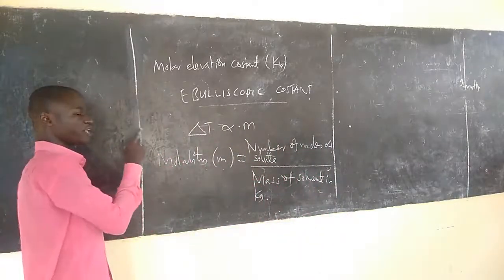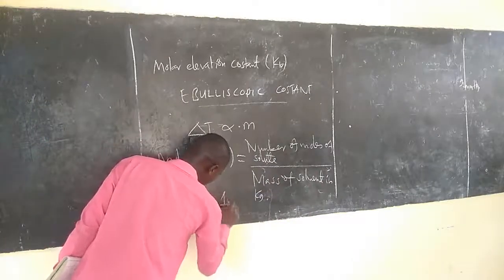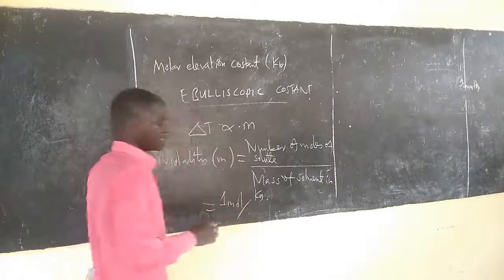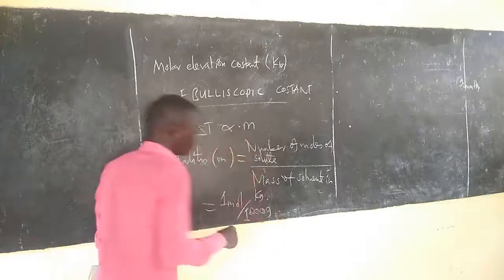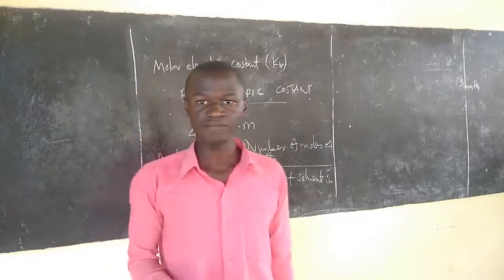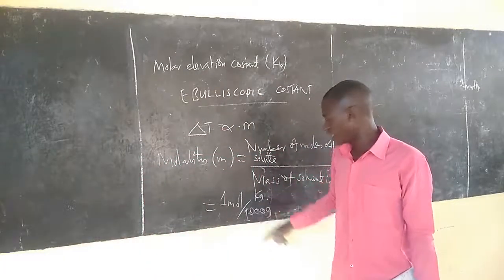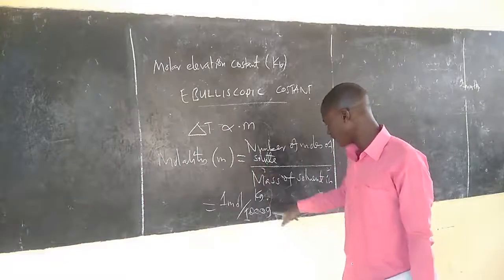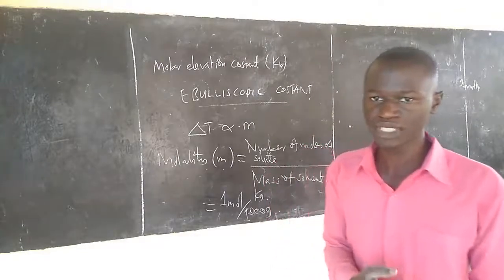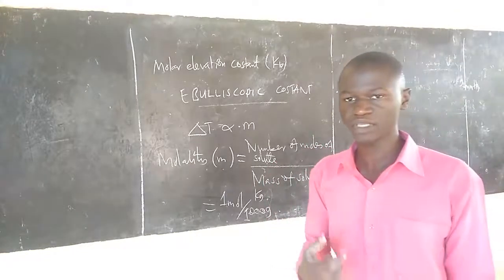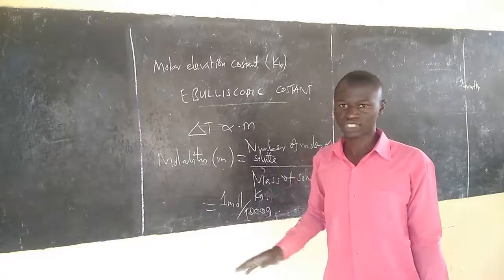So the ebullioscopic constant is the elevation of boiling point when 1 mole of solute is added to 1000 grams, that is, 1 kilogram of solvent, and this elevation always remains constant.